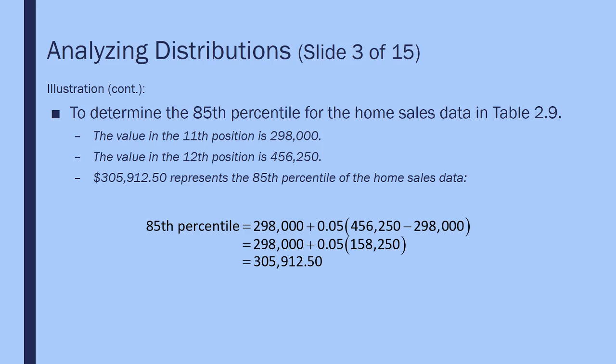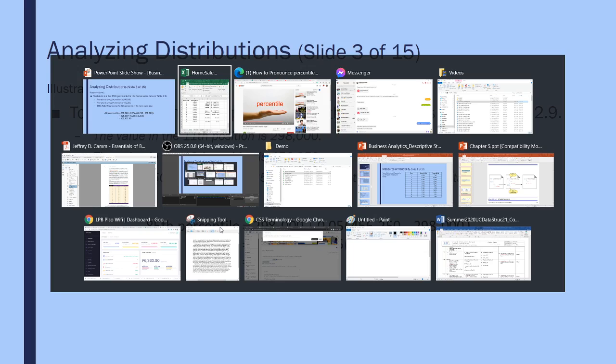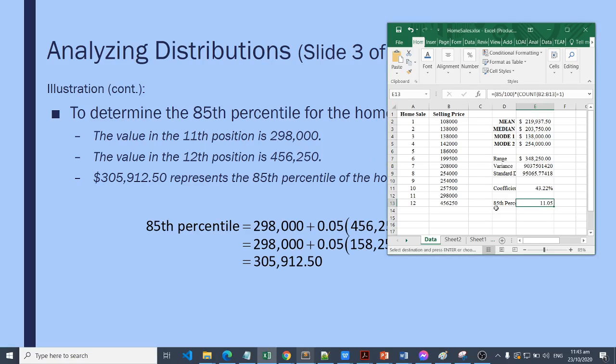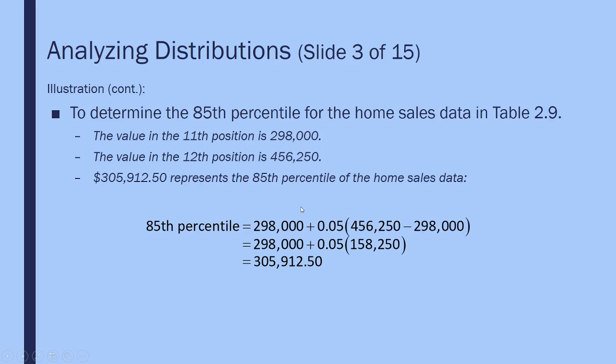To determine the 85th percentile of the home sales data, the value in the 11th position is 298,000 and the value in the 12th position is 456,250. And here, 305,912.5 represents the 85th percentile of the home sales data.